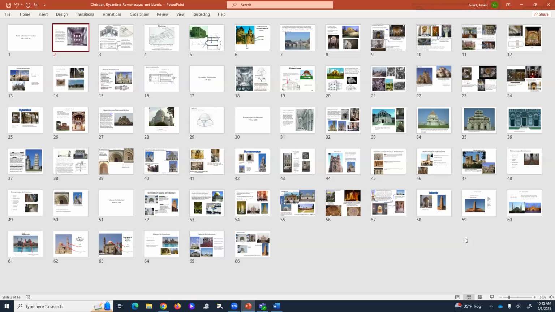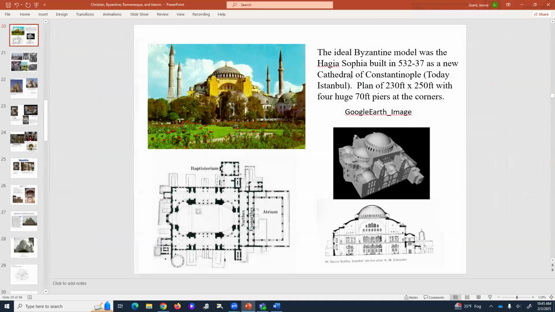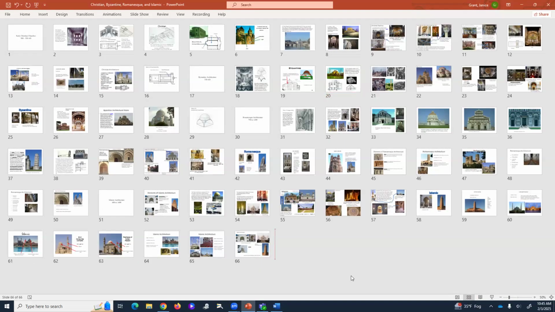And then number 12 was the Hagia Sophia, which I really love. There it is. Look at that, a really great example of it. And you'll also see the minarets there, coming over from Islamic architecture.